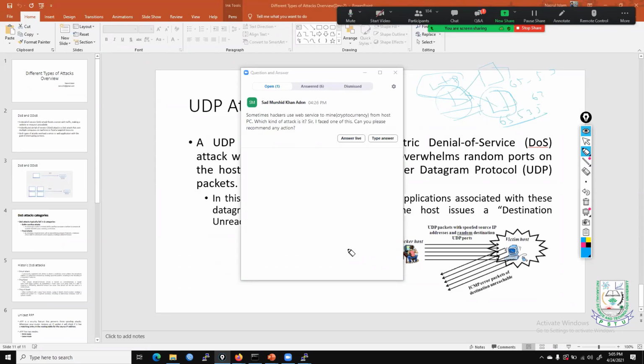Actually, your host is creating a CNC connection with the servers. So when CNC is created from your network, it's actually connecting to the attacker side to compromise your network.